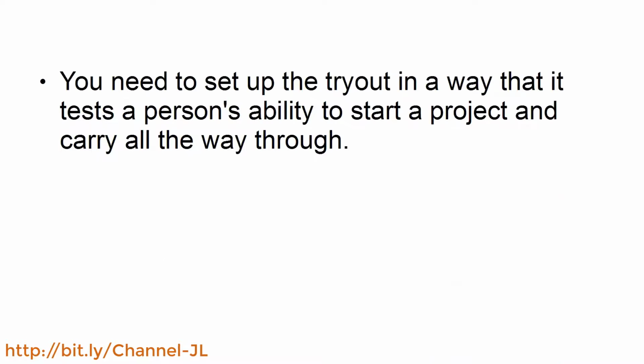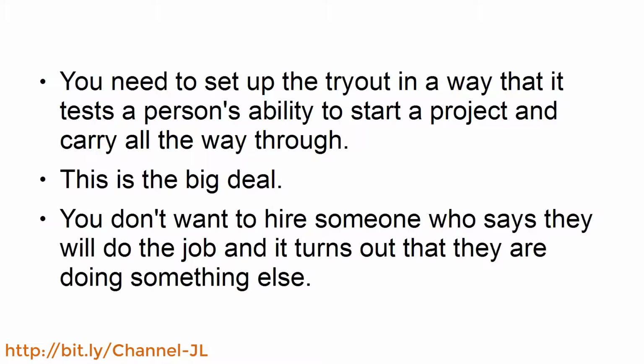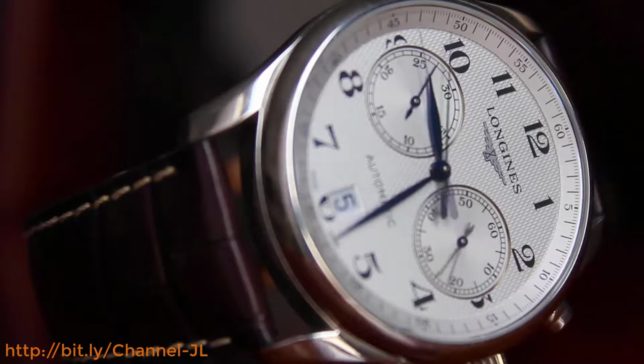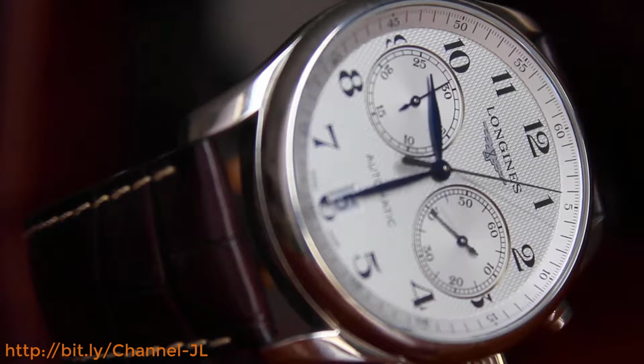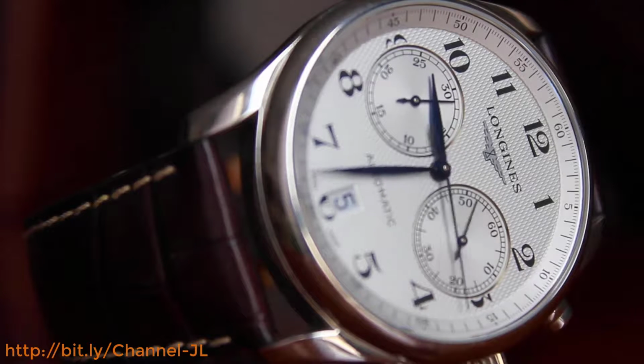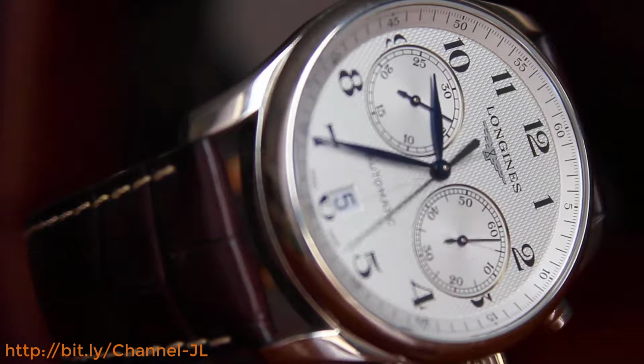You need to set up the tryout in a way that tests a person's ability to start a project and carry it all the way through. This is a big deal. You don't want to hire someone who says they will do the job and it turns out they are doing something else. By the time the deadline comes around, you'll end up where you began. The work is still not done, and this person has just ended up wasting your time.